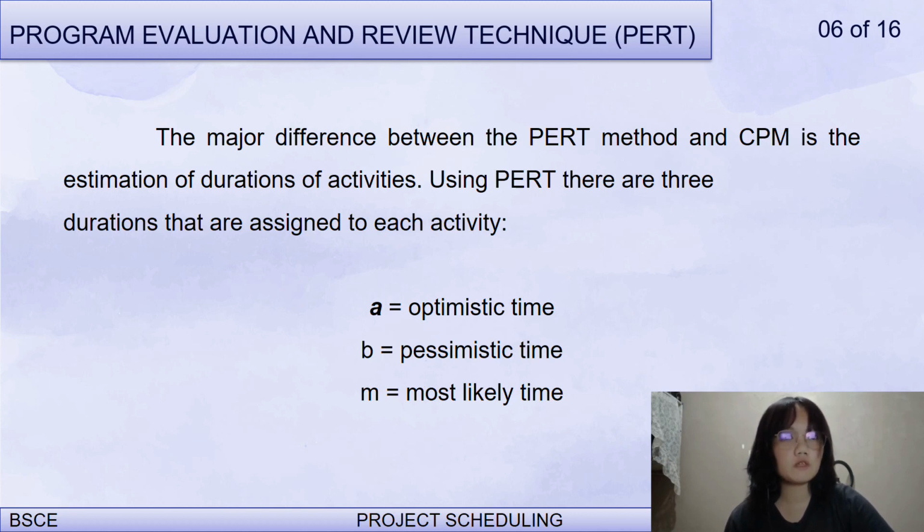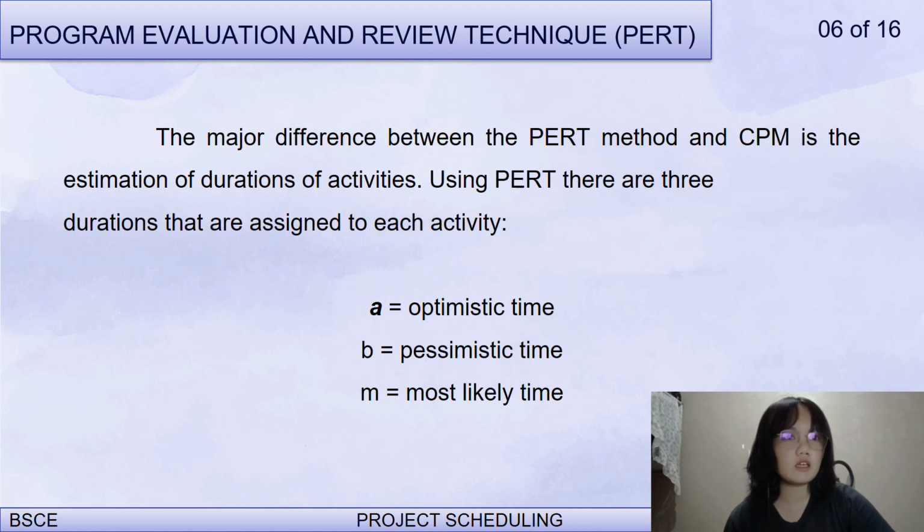A is optimistic time, B pessimistic time, M most likely time. The optimistic time is the shortest possible time in which the activity could possibly be completed.